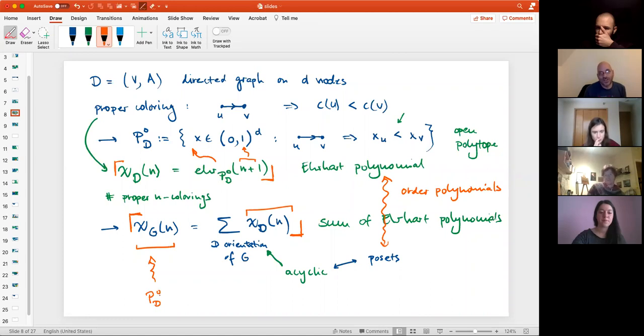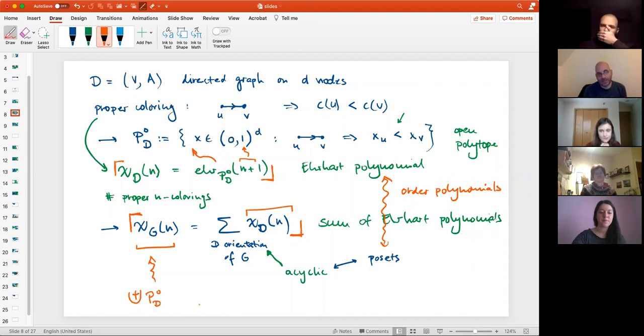This is not really a triangulation, it's a subdivision. There's some sort of disjoint union of open polytopes, whose Ehrhart polynomial, if you add all the Ehrhart polynomials, gives you this polynomial over here.